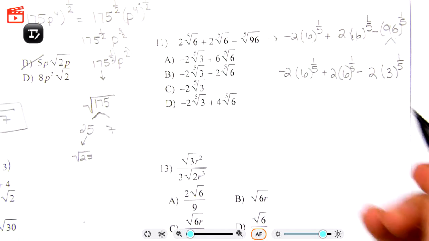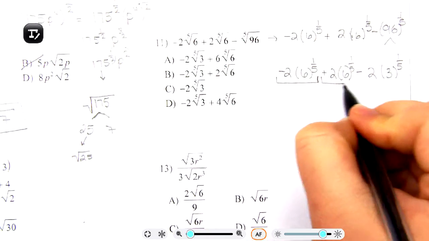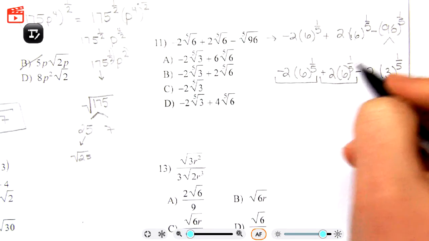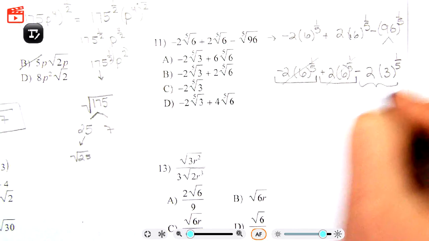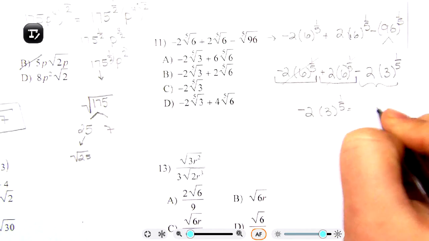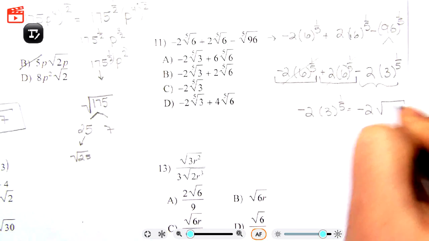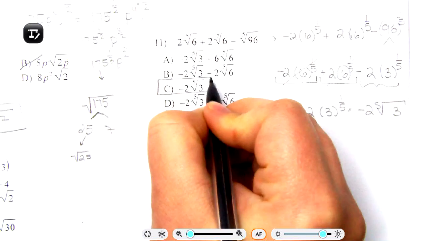Here's the thing, you guys. I have a negative 2 times 6 to the 1/5. I have a positive 2 times 6 to the 1/5. So these really just cancel out. They go away. So the only thing we're left with is this bit right here: negative 2 times 3 to the 1/5, which is the same thing as saying negative 2 fifth root of 3. And that is C. C is our answer.